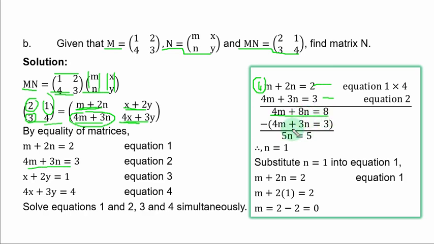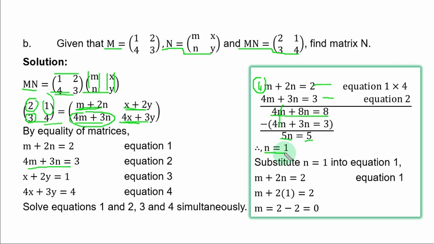Equation 2 remains the same. To eliminate m, since the signs are the same, that is plus plus, you subtract. If you subtract, here becomes 0, so you have 8n minus 3n equal to 5n, and 8 minus 3 equal to 5. Divide through by 5 and you have n equal to 1.